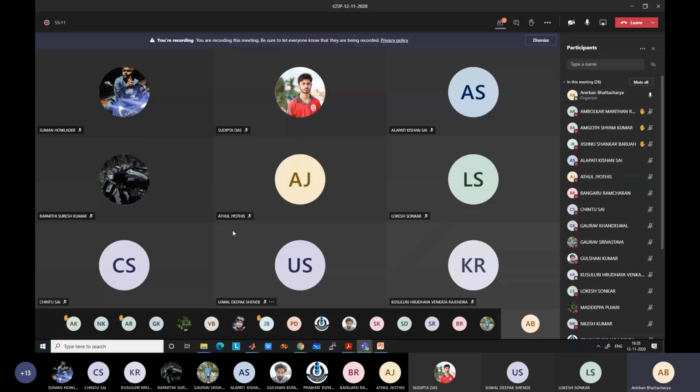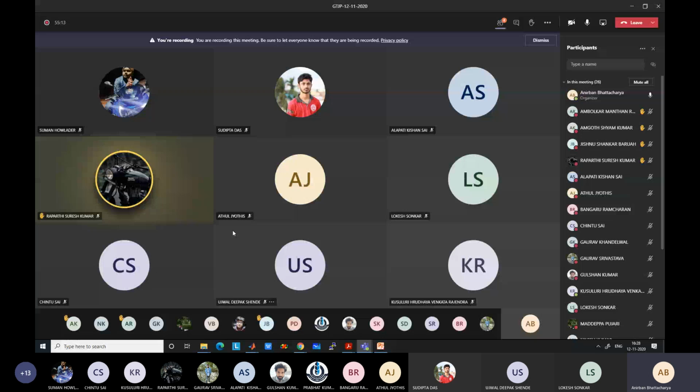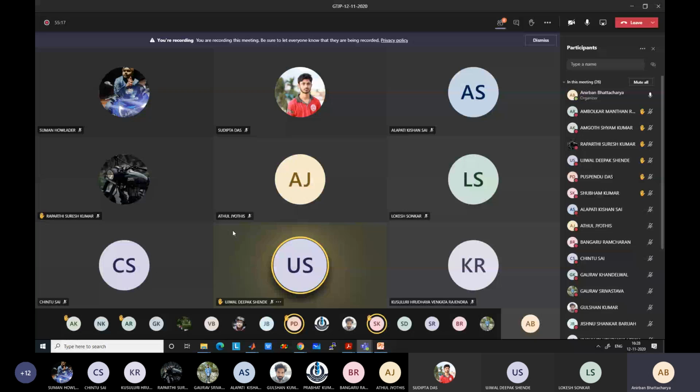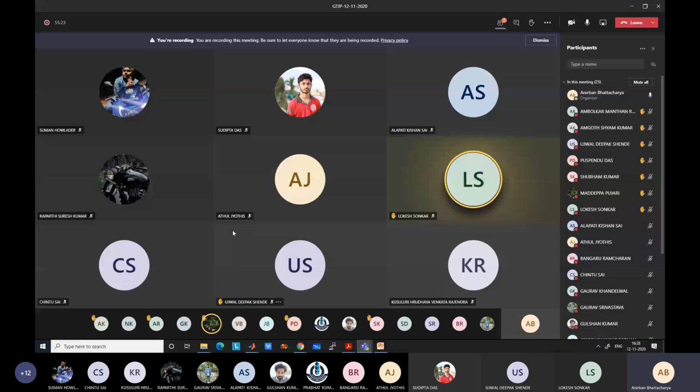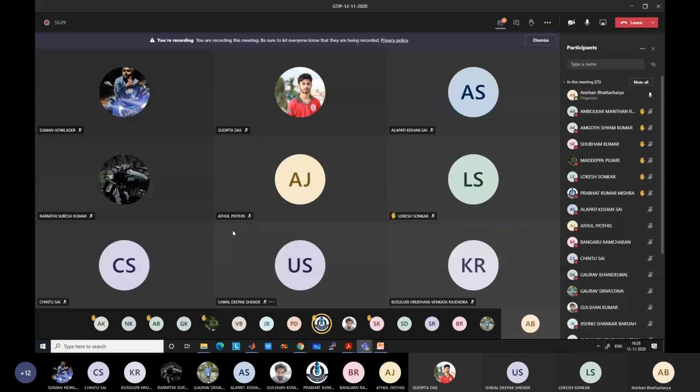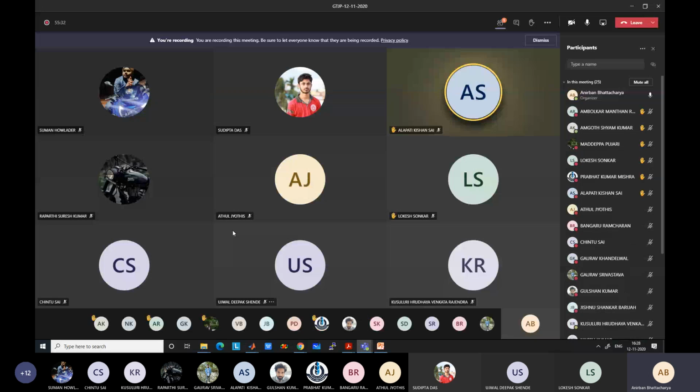Gaurav is present. Then Jishnu Shankar Barua is present. Suresh Kumar present. Ujwal is present. Shubham Kumar is present. Pushpendu Das is present. Shyam Kumar is present. Prabhat Kumar Mishra is present. Kishan Sai, Alapati Kishan Sai present.